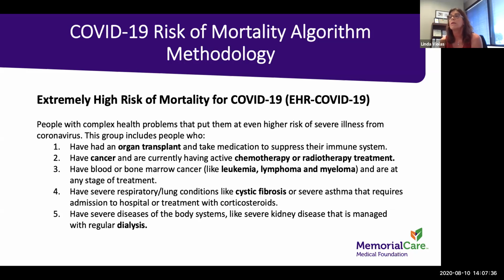And then lastly, those that have severe disease of body systems, like your renal failure, folks that are on dialysis, these people are definitely going to need to be notified. And because of sheer numbers, when we looked at extremely high risk, this was the population that we put a lot of time and energy in the short time we had to get this up and off the ground.